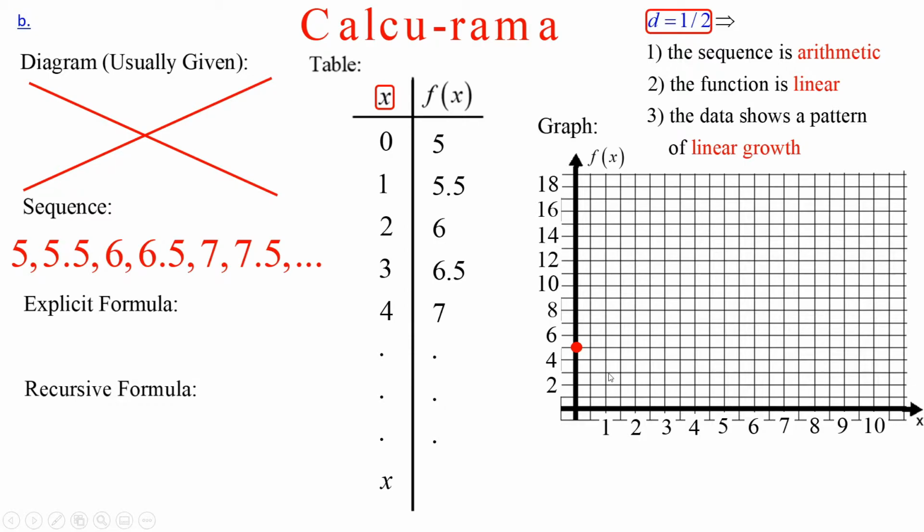Let's go 1, and f of 1 is 5.5, so that's just going to be right there. Okay? f of 2 is 6, and that's going to be right there. f of 3 is 6.5, right there. And f of 4 is 7, right there.